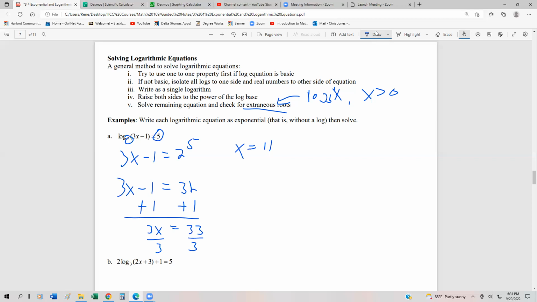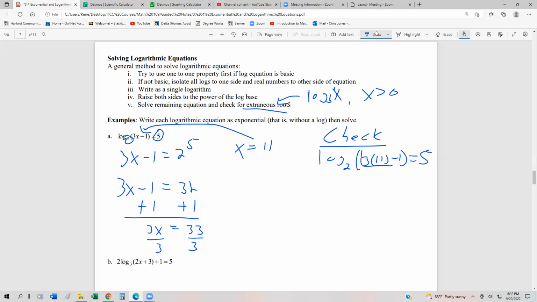Now, the last thing we should do with logarithms, and we haven't done this with exponential equations because the domain's all real numbers, is we should check the answer. So we're going to substitute 11 back in just to make sure that there's no violation of the domain. When we check this, we have log base 2 of 3 times 11 minus 1 equals 5.